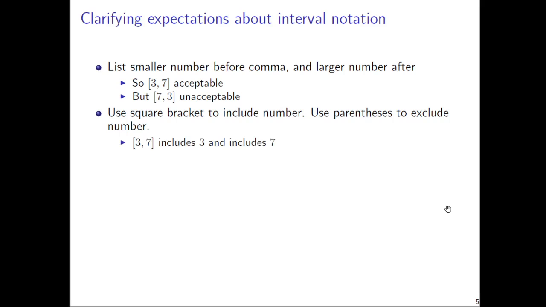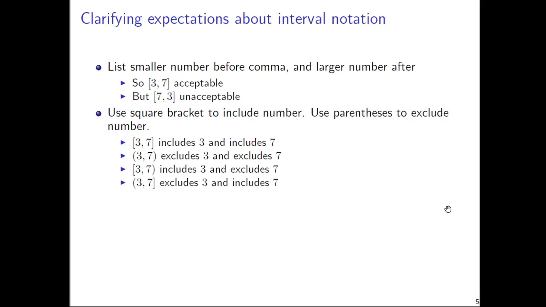So for some examples, bracket 3 comma 7 bracket includes 3 and includes 7, parenthesis 3 comma 7 parenthesis excludes 3 and excludes 7, bracket 3 comma 7 parenthesis includes 3 and excludes 7, and then parenthesis 3 comma 7 bracket excludes 3 and includes 7.